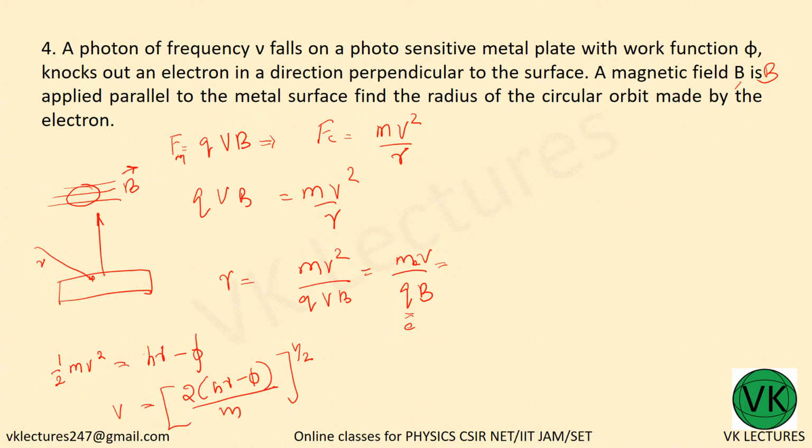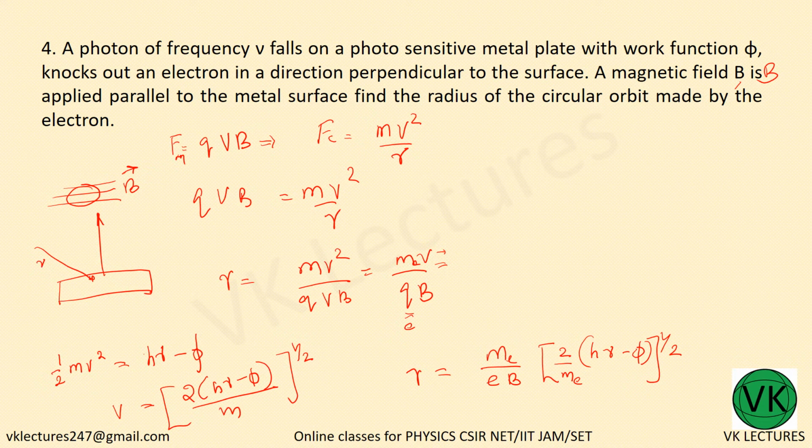Now what we can do is substitute the value of V here. So we know r is equal to m by eB into 2 divided by m into h nu minus phi, whole to the power 1 by 2. If you want this m inside, depending on the options, you can bring this m inside.